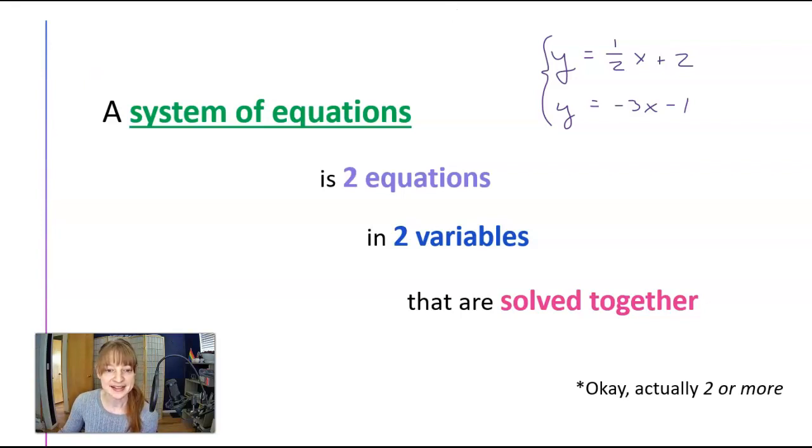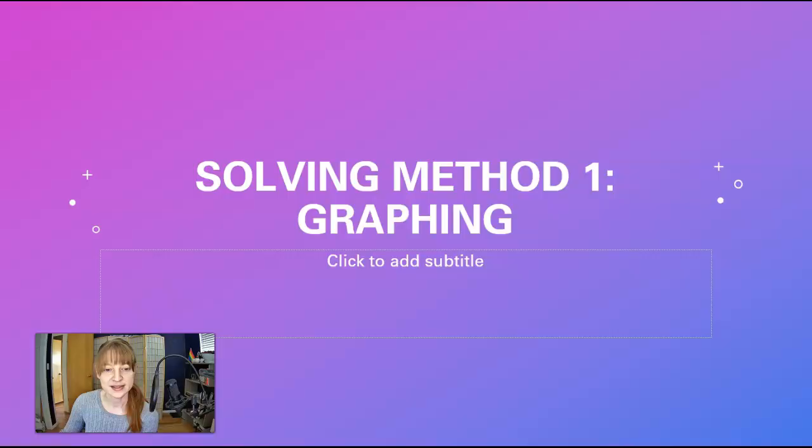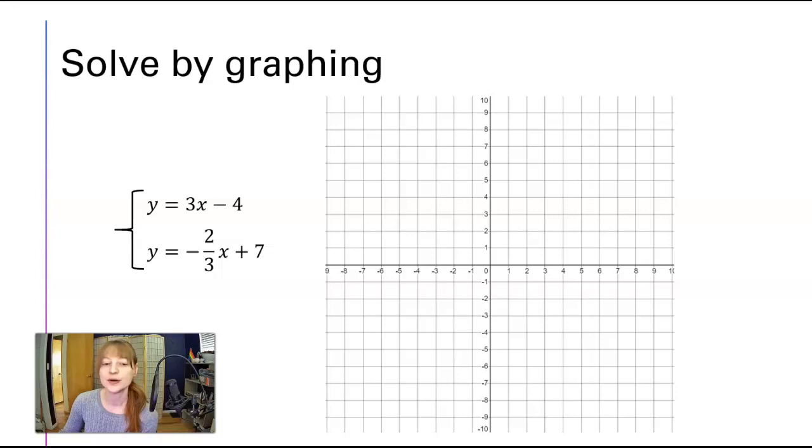And we had several ways to solve these. The first way we had was graphing. So we have graphed by hand many times in this class. We haven't done it in a while though, so maybe let's give it a quick look to remember how we graph slope-intercept form.